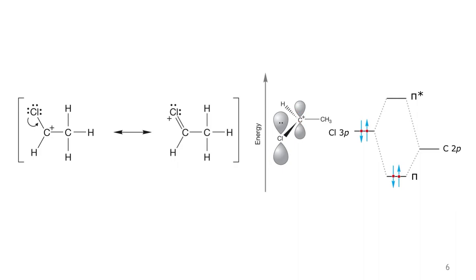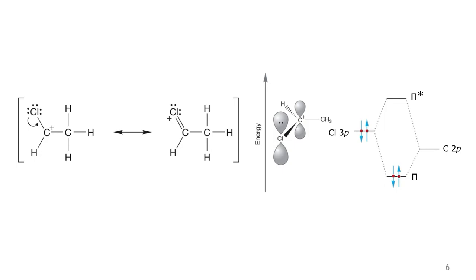So there, in a sense, is a HOMO-LUMO sort of interaction, where the HOMO is the 3p electrons on chlorine interacting with the 2p orbital on carbon, and that interaction is producing a partial pi bond and thus stabilizing the structure. And so again, we're seeing the regioselectivity of the reaction is being controlled by the stability of the possible carbocation intermediates.